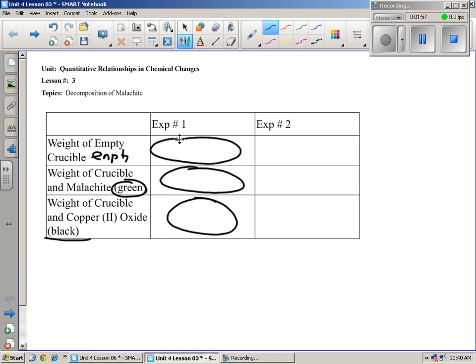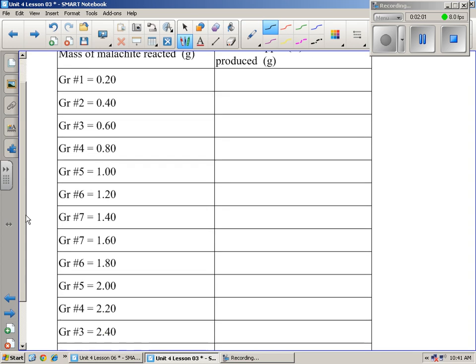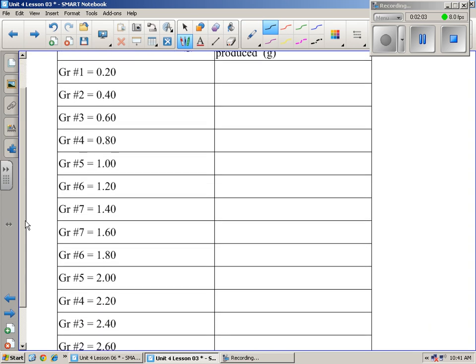When you have that, I'm going to get you to come up here and find it on this chart that you also have. I want you to record these numbers, not only yours, but other groups as well. So whichever one matches up. For example, if you were 0.40, I want you to come up here and write down the actual weight that you used here.